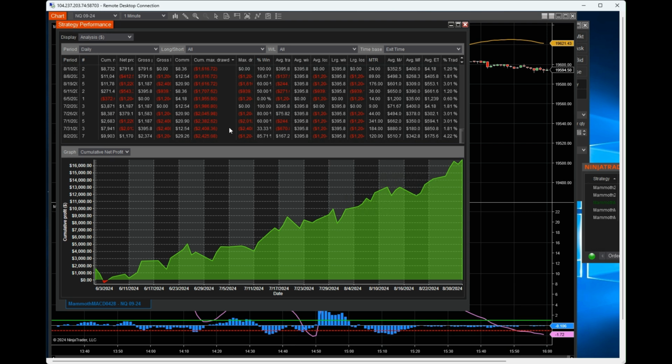This is how much your account will get hit in a day, but it doesn't mean that it's realized. Sometimes it's unrealized, and the market will go up and you'll actually get to a profitable day or a lesser loss. But that's the maximum drawdown you're looking at based on this strategy.